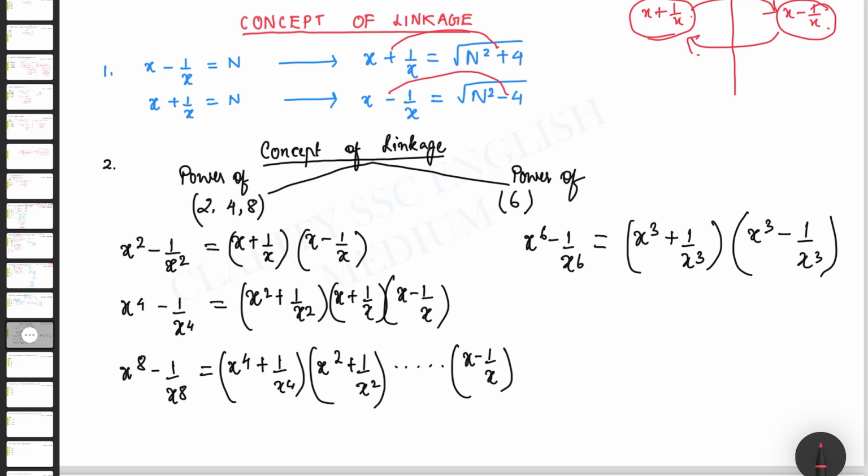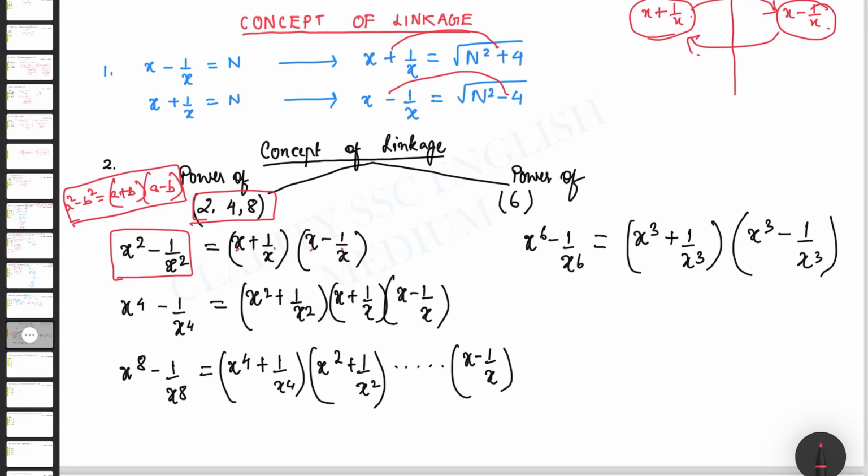And in the concept of linkage, this one is also very important: x squared minus 1 by x squared. It's very easy. We know that a squared minus b squared is equal to a plus b times a minus b. The whole scenario, the powers of 2, 4, 8, is deduced from this formula only. x squared minus 1 by x squared is a plus b, a minus b.